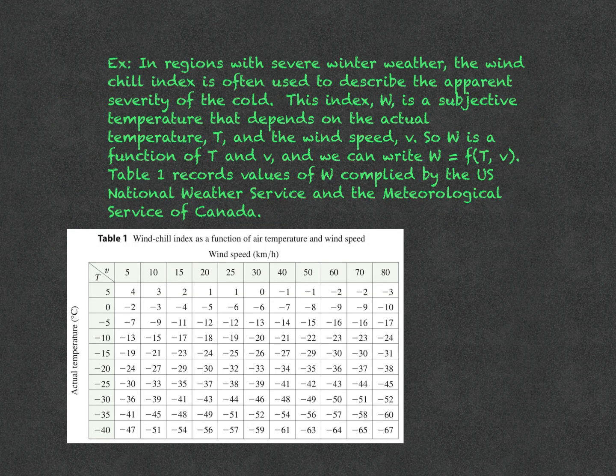So you could look at this table and it tells you the actual temperature and the wind speed. So if the actual temperature is -5 and the wind speed is 60, then this means that the wind chill index is -16. So we would say the wind chill index, which is equal to the function of (-5, 60), is -16.